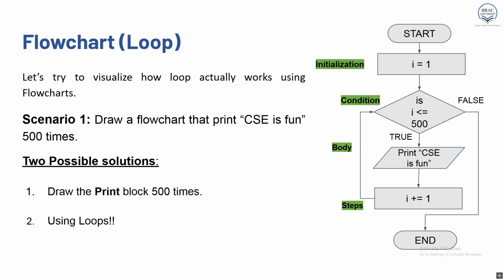After that, as we have already printed once, we will increment the value by 1 in steps and check again if the value is less than or equals to 500 or not. The process is repeated 500 times, and then after incrementing the value from 500 to 501, when it checks the condition, it is false, which ends the program.